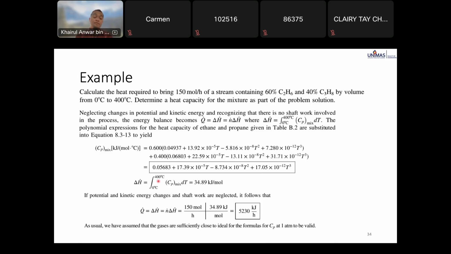We get 34.89 kilojoule per mole. If there is no potential and kinetic energy and shaft work, we can say Q equals N delta H. So Q equals 5230 kilojoule per hour.